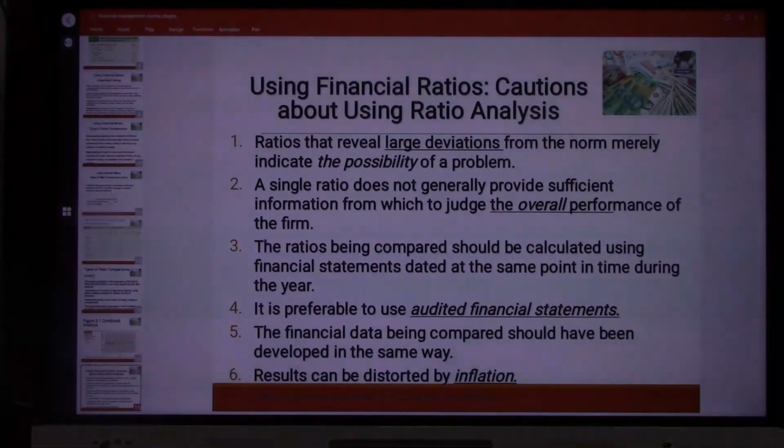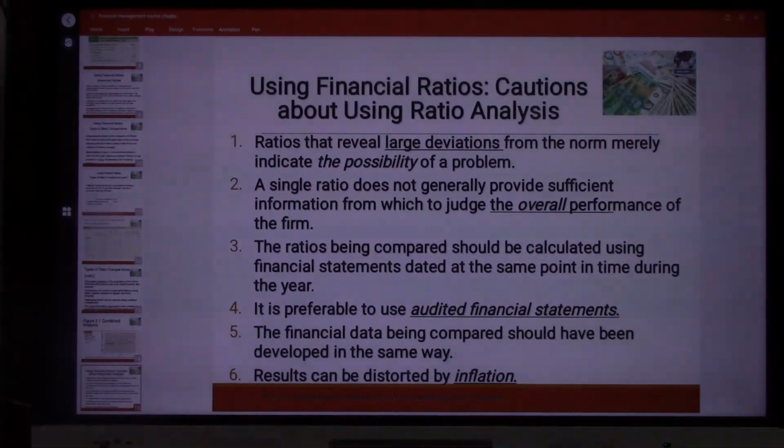As you see, when you are conducting financial performance analysis, either using cross-sectional analysis or time series analysis, or both of them, you must take certain cautions about using financial ratios.